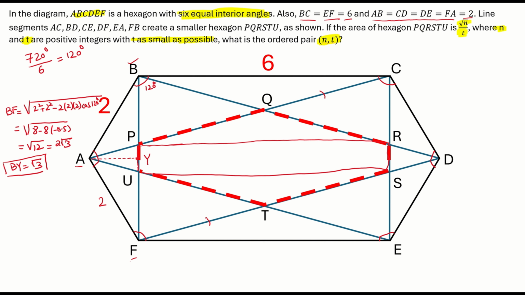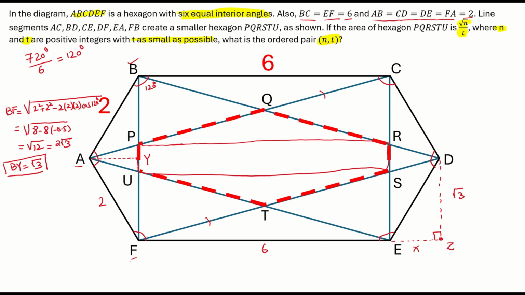So if I drop a vertical down, a straight line, and make it a right angle triangle, let's say this point is Z here. The distance from D to Z will be root 3. That is just what we have calculated. And the length from F to E is equal to 6. And I have this unknown value, let's say this is equal to X for now.